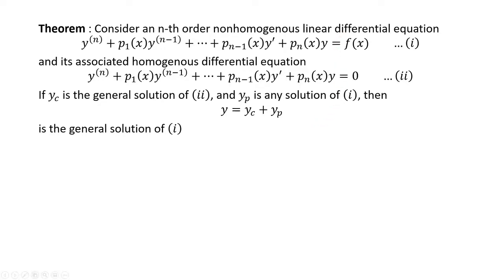And that's great news, because yc, at least for us, is something that we completely figured out how to find in chapter 3. So all that remains for us is to find one particular solution of that differential equation.